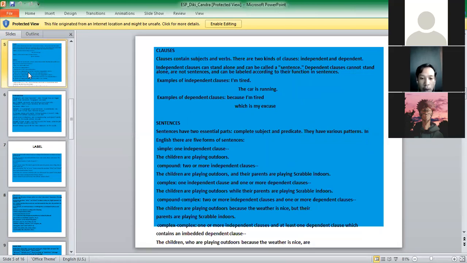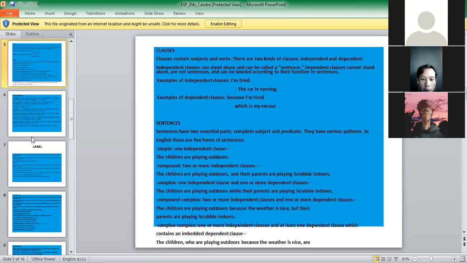Compound: two or more independent clauses. The children are playing outdoors and their parents are playing Scrabble indoors. Complex: one independent clause and one or more dependent clauses. The children are playing outdoors while the parents are playing Scrabble indoors.